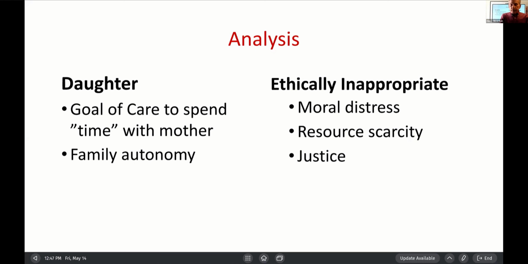In this case, I think that after a few more weeks of spending more time with her mother, she may feel that this might be a better decision for her mother. Time is playing an important role in this case.